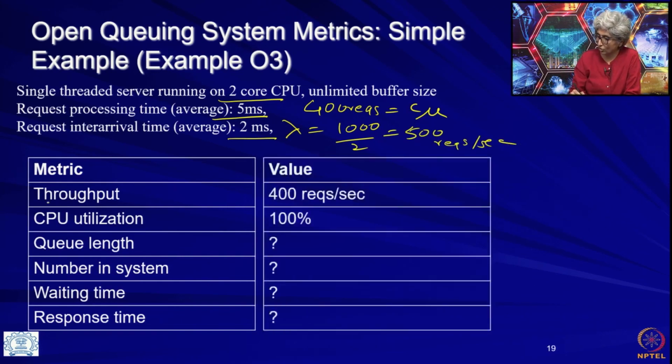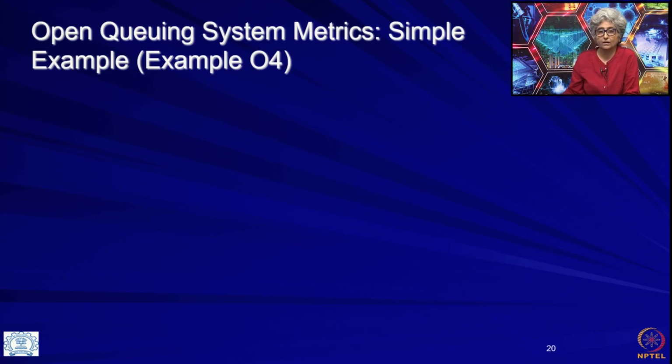So, throughput will now be 400 because lambda is greater than 400. The system can't do 500, it will have to just stop at 400 requests per second, that is what it can do, and both the CPU cores will get 100% busy.